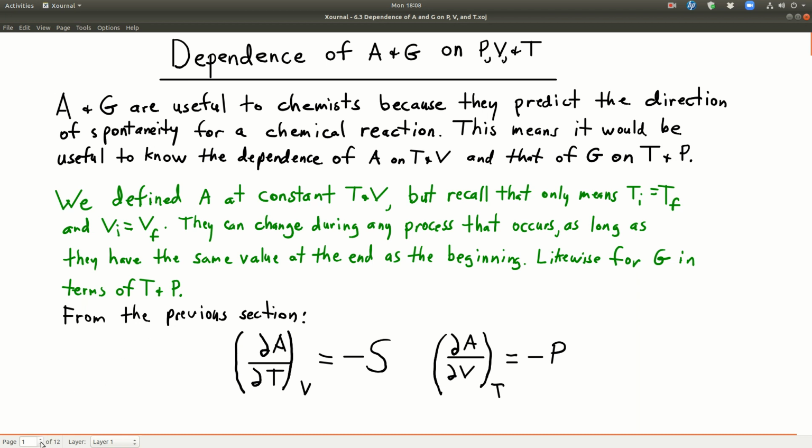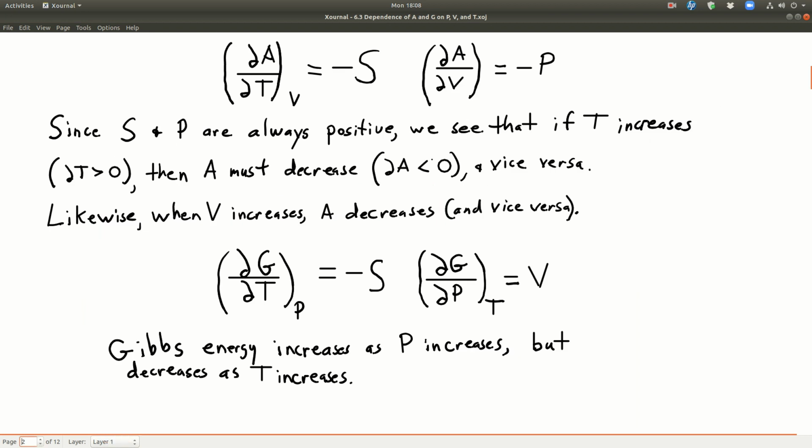So, starting there, what we know is that entropy is always positive. You can't have negative entropy. Likewise for pressure, the lowest pressure you can have is zero, an absolute vacuum. You can't have negative pressure.